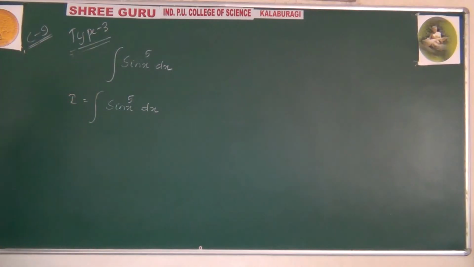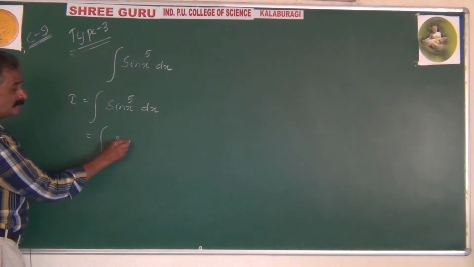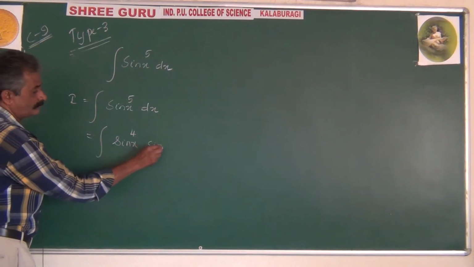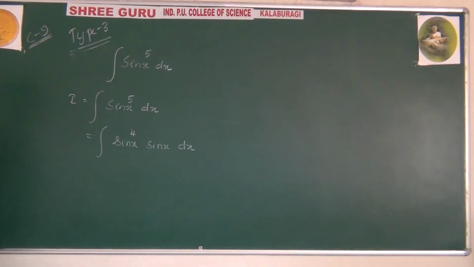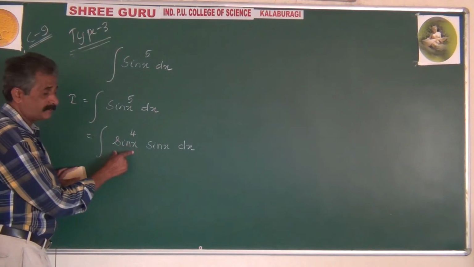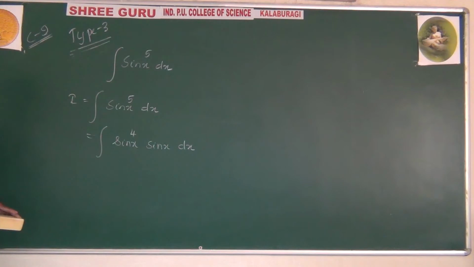Sin x power 5 may be written as sin x power 4 into sin x. But still you cannot take substitution, because the derivative of sin x is cos x, so there is no presence of cos x.